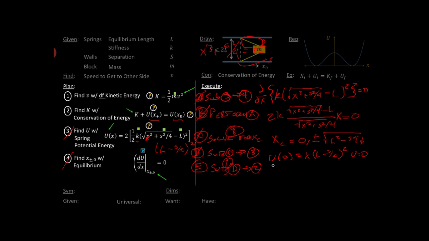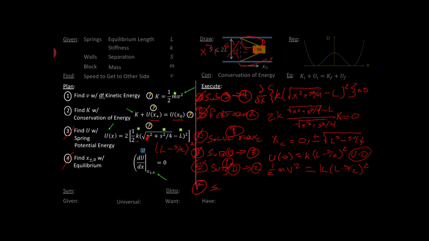So we have 1/2 m v squared plus this, which is 0, is equal to this thing, which is k times L minus s over 2 squared. Well, that's kind of nice because we have two things that are squared. So that's going to make the square root easy.